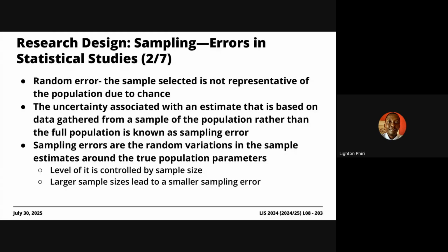With random errors, we have a situation where the sample selected is not really representative of the population due to chance. Those of you conducting studies with UNZA students, because you're pressed with time, most likely find yourselves restricting yourselves to collecting data from the School of Education or something like that.